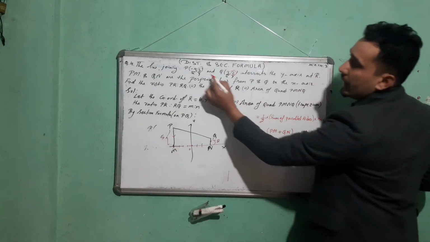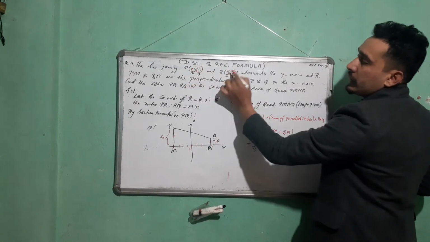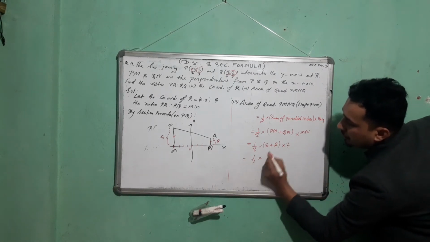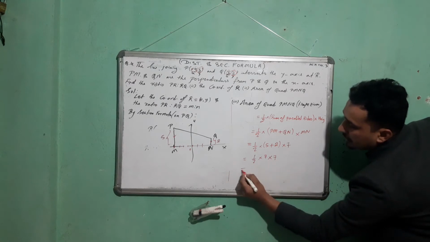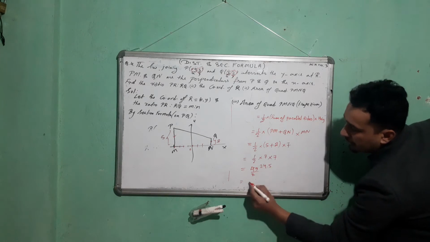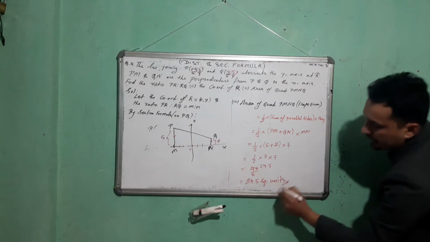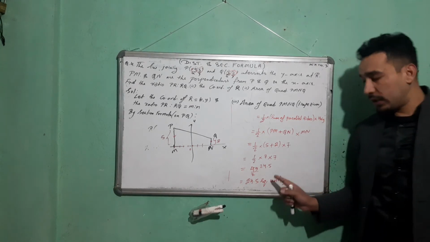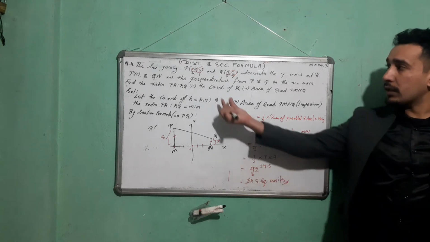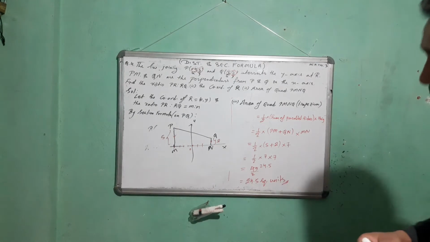Otherwise you can add the values of x also, this and this. You neglect the sign. 4 plus 3 it will be 7. So half into 5 plus 2 is 7 into 7. 7 7s are 49 upon 2. 49 by 2 means 24.5 square units. Area means you will get in square units: centimeter square, meter square, kilometer square, like that. Since unit is not given, let's write square units. So this is how you have to solve.